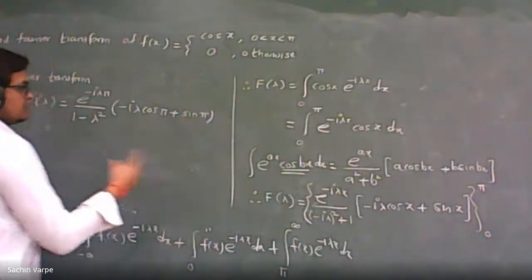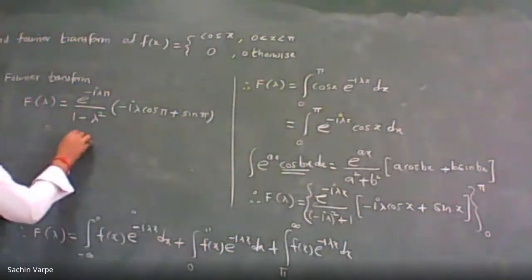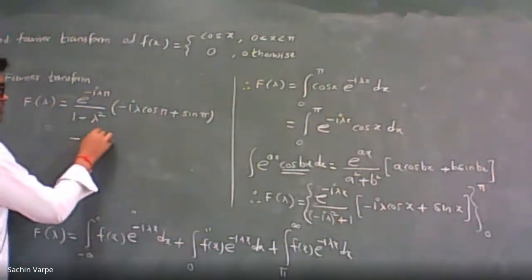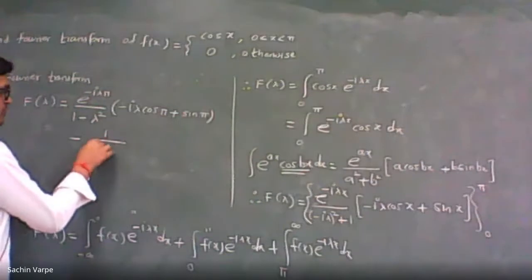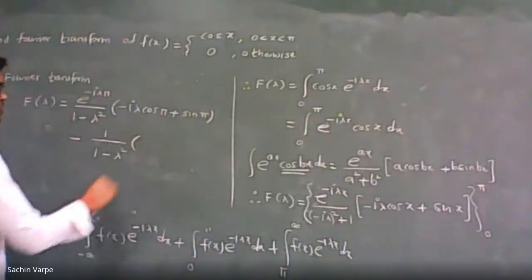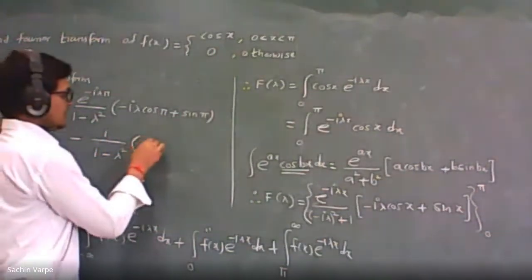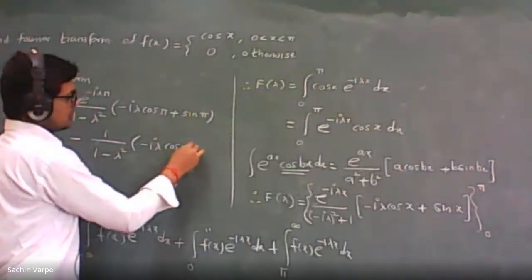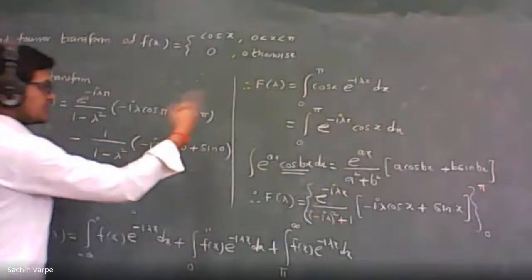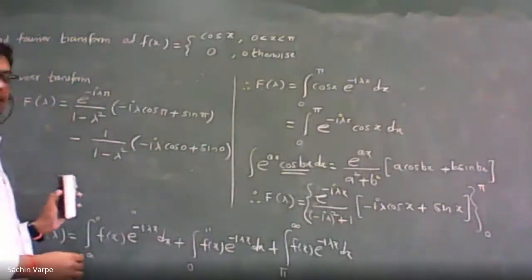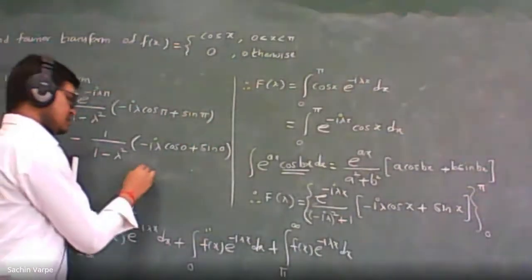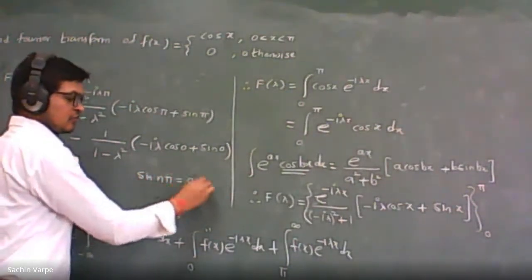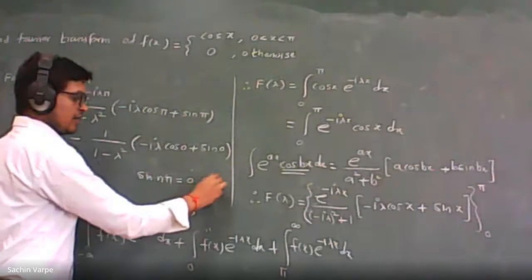This is at the upper limit minus the function at the lower limit. So the lower limit is 0. So e to the power 0 is 1 upon 1 minus lambda square into minus i lambda cos 0, which is 1, plus sin 0. Sin 0 is 0. Sin pi is 0.